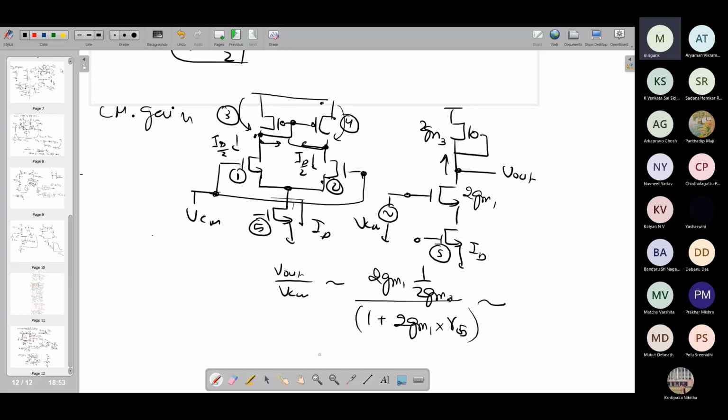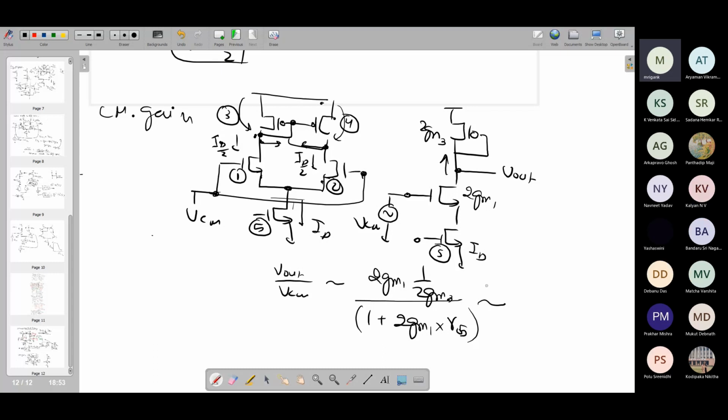And then approximately, these are GM1, GM2, of course, they are not going to be the same, but from the point of view of order of magnitude, GM1 upon GM3, and then GMRO generally is much higher. So 1 upon 2GM1 RO5, and therefore you get GM1 getting cancelled and 2GM3 RO5.